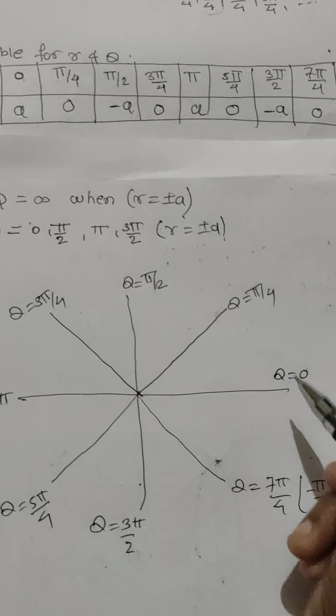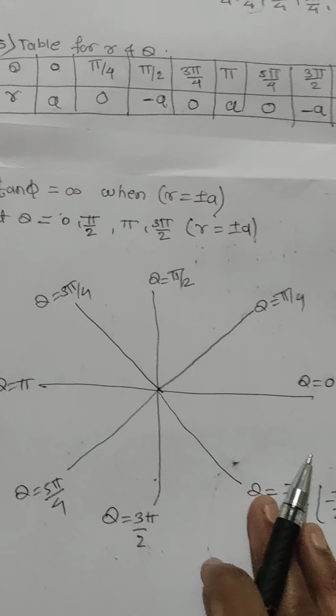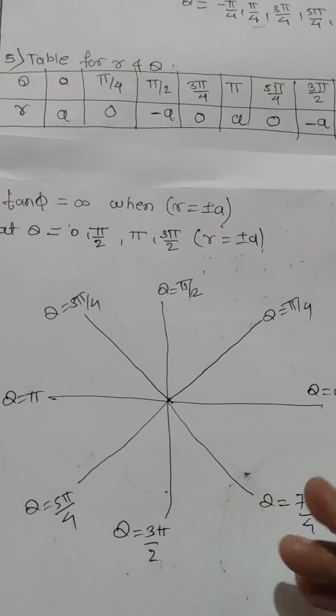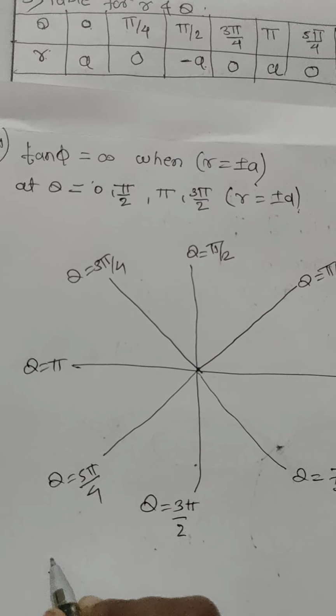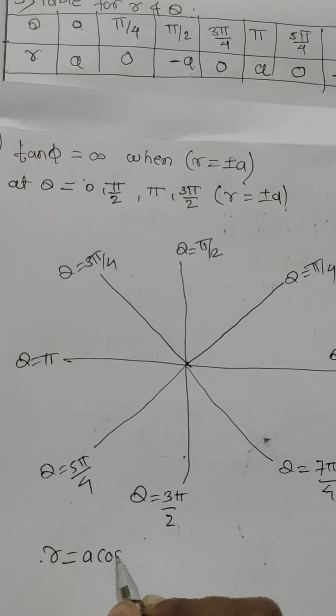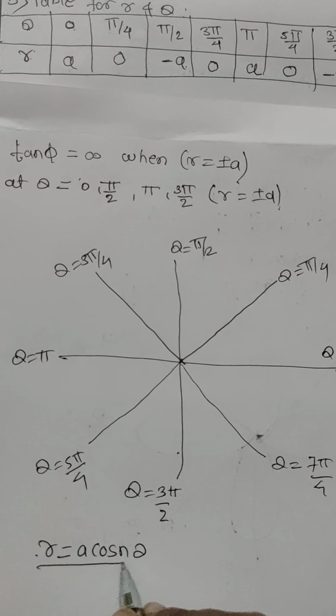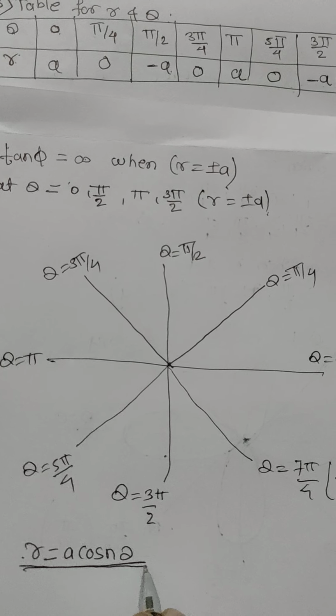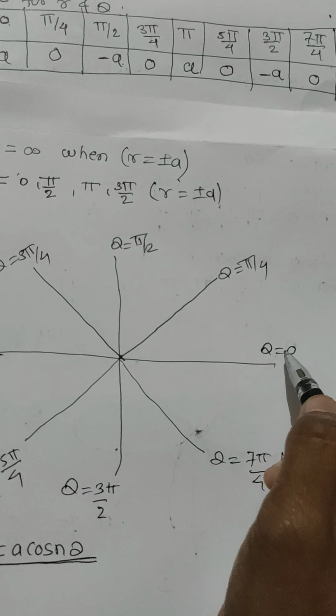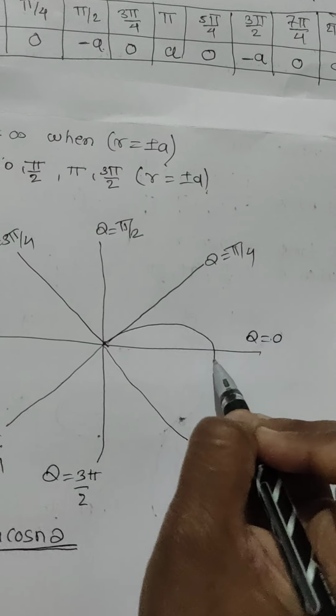After that we have to draw the loops. You have to remember this: for r equal to a cos n theta, the first loop lies along theta equal to 0. So we draw this loop here.